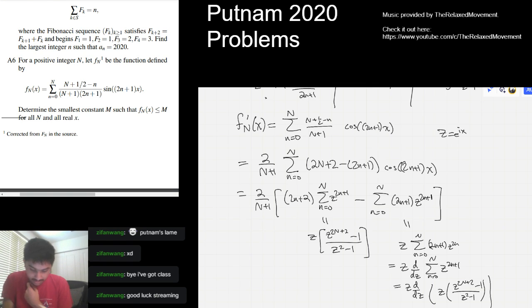So this is pretty unpleasant. I mean, even when the dust settles, how is this going to help? We're just going to get some polynomial in z of degree n, which is to be set to 0.